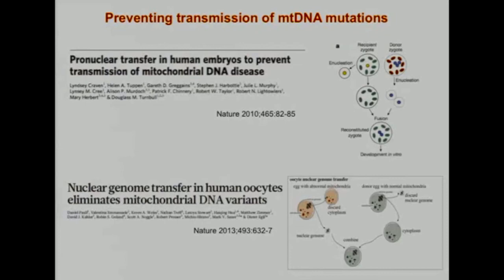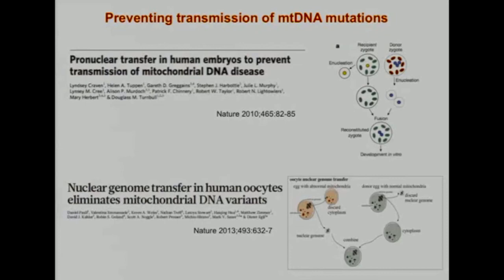And they were the first to show that you could take embryos, and these were embryos with abnormal numbers of nuclei, and you could transfer the pronucleus from one embryo and then put it in the cytoplasm of another embryo after you enucleate it, and you will end up with a cell with basically 3 parents. You'll have the mother and father who contribute nuclear DNA, and you have the mitochondrial DNA donor.